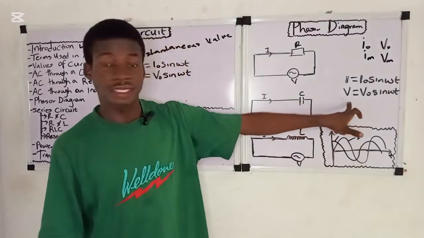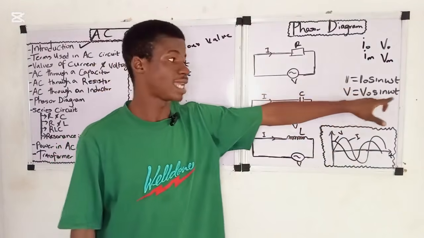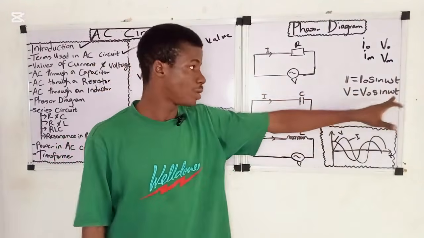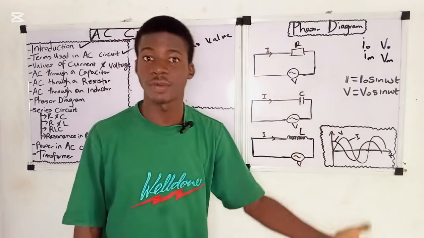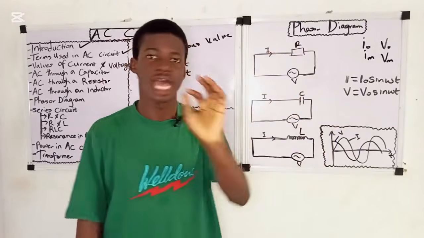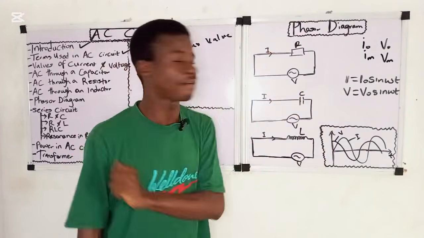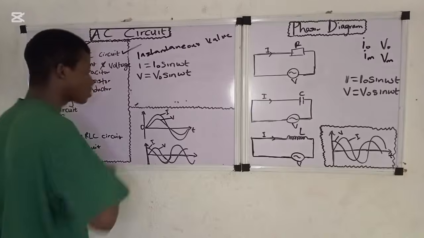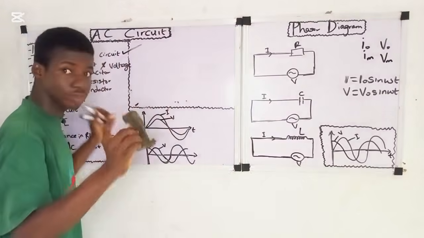The instantaneous value of voltage V is equal to the peak value of voltage times sine wt. Remember, w is known as omega, which is the angular frequency or angular velocity. I've given you the formula: angular velocity is 2 pi f, right?